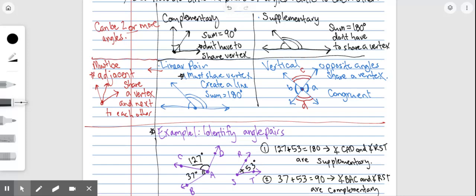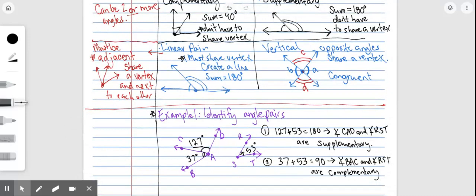Okay. And then last, but certainly not least, is that since angle CAD and angle BAC share a common vertex of A, they're adjacent angles, especially since they also share a ray. They share the ray AC.